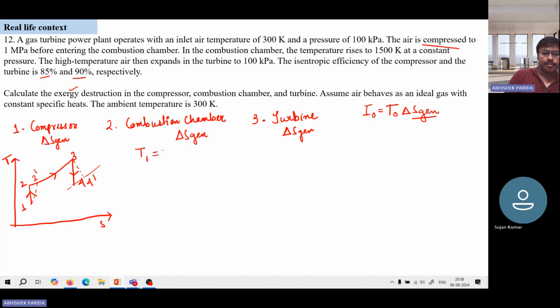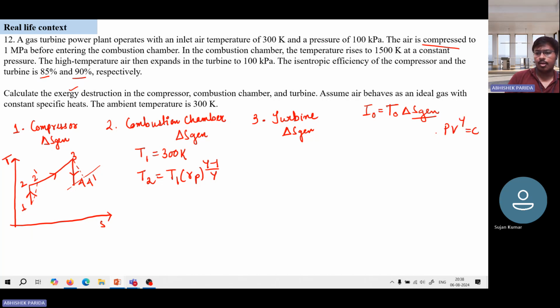Taking that into scenario, T1 is given, 300 Kelvin. Calculate T2. How to calculate T2? It is T1 into the pressure ratio to the power gamma minus 1 by gamma. Where did this come from? We can directly find it from PV to the power gamma equal to constant.